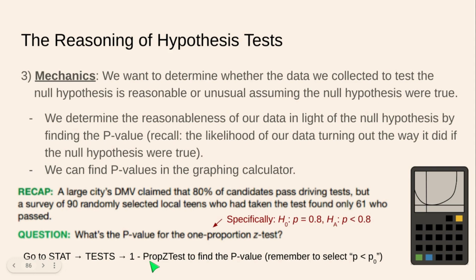Not 1 prop z int anymore, though we will be visiting that later in this section. One prop z test, and we're going to find the p-value. And in our calculator, we need to remember to select p less than p sub 0, because that's what the alternative hypothesis says. P is less than our p sub 0, our assumed population proportion, of 80%. So we're going to need to remember to do that.